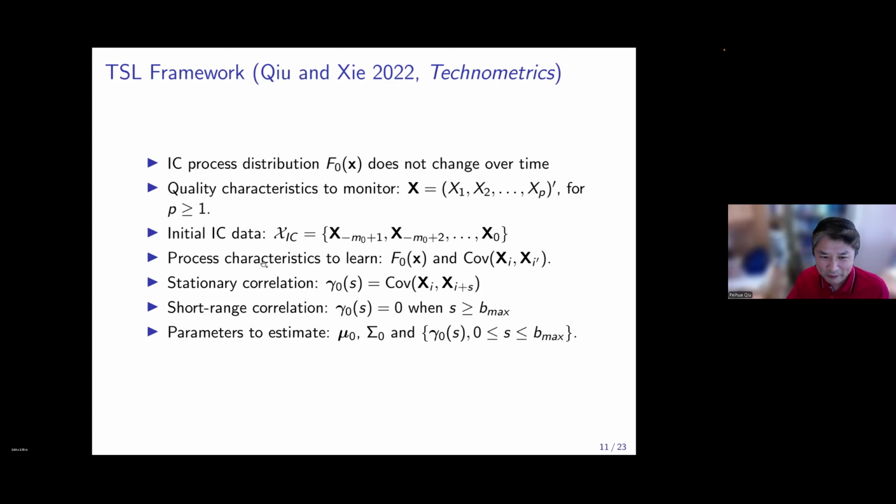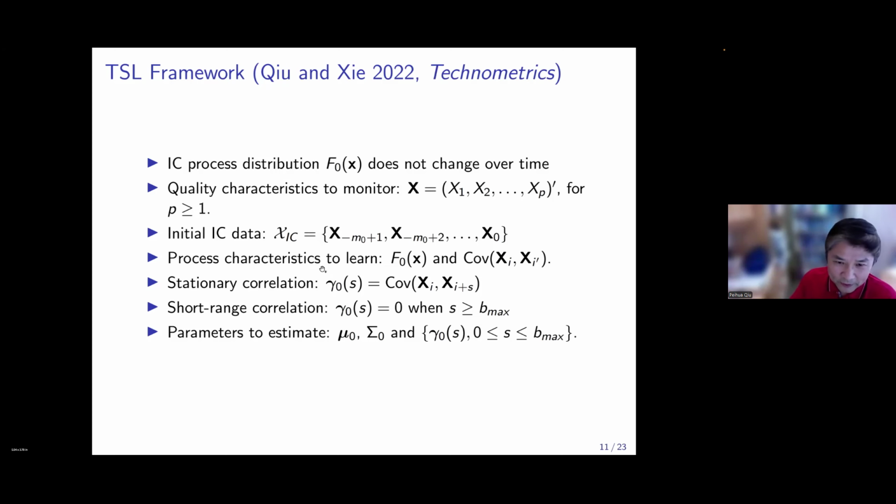Also in this paper, we assume that the correlation is short range. Short range means that when the observation times of two observations are farther apart, the correlation is smaller and smaller. If the observation time difference is larger than Bmax, then the correlation can be ignored. So Bmax describes the temporal range of correlation. So short range is the stationary correlation.